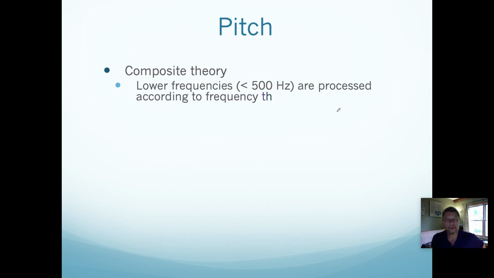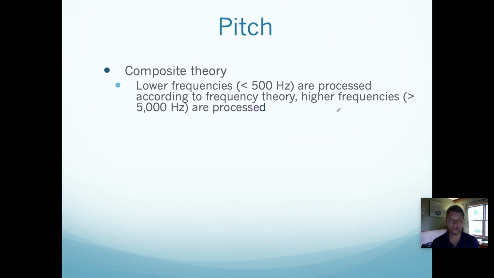And so, what this composite theory says is that low frequency sounds, sounds that have a frequency that is less than 500 hertz, all right, are processed according to the frequency theory. But very high frequency sounds like dog whistles and Elmo's voice, frequencies that are greater than 5,000 hertz, are then processed according to the place theory.